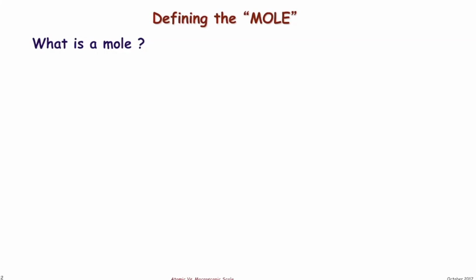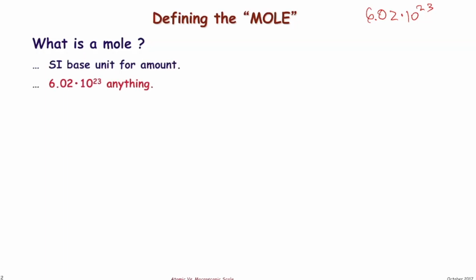A mole is not only 6.02 times 10 to the 23rd, but it also is a conversion factor. It's also a way of taking the atomic scale and making the macroscopic scale. These are the many definitions of a mole. And which one you use depends on the problem that you are solving, okay?